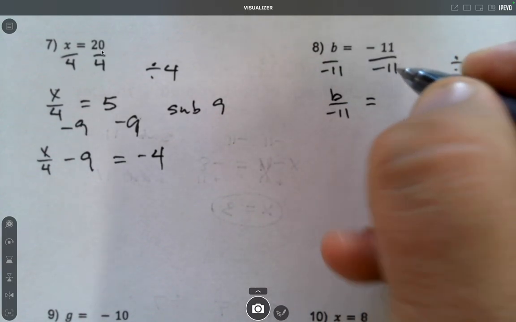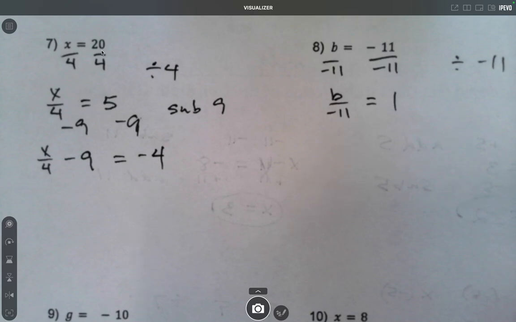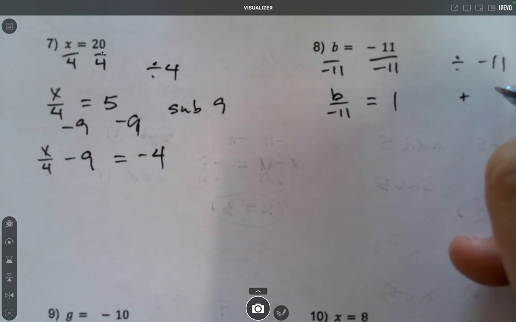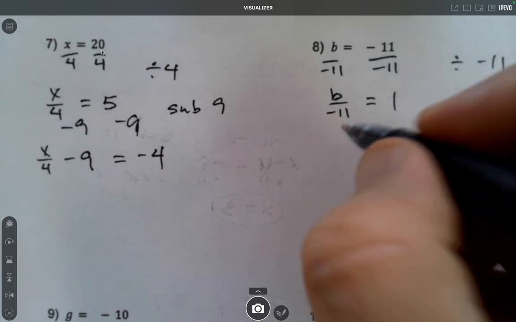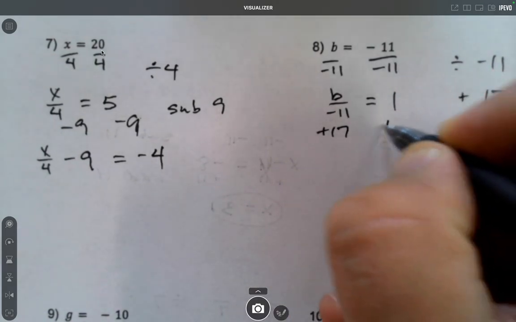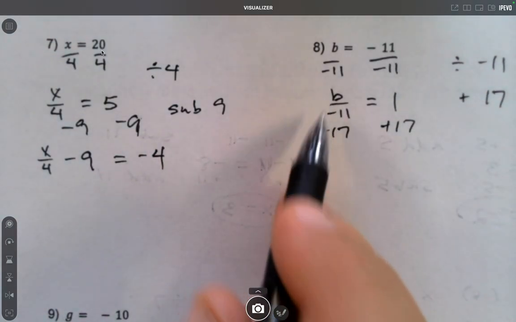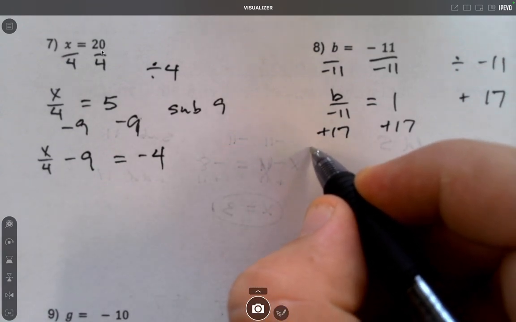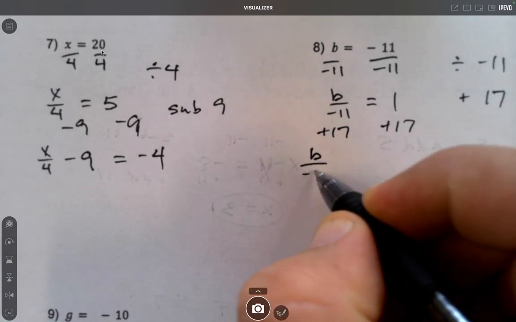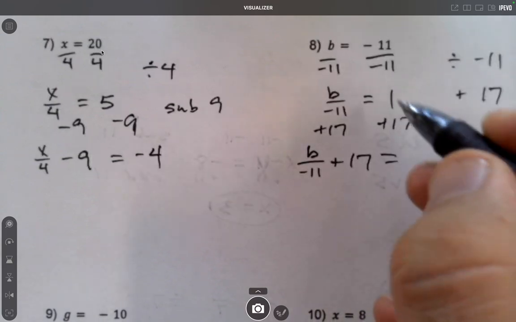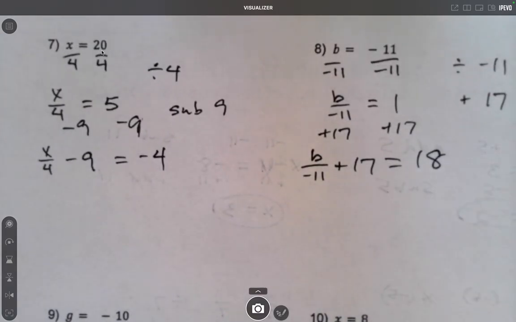Negative 11 divided by negative 11 is 1. And then I will add 17 to both sides. These are not like terms. They cannot be combined. I'm going to add 17 here. 1 plus 17 is 18.